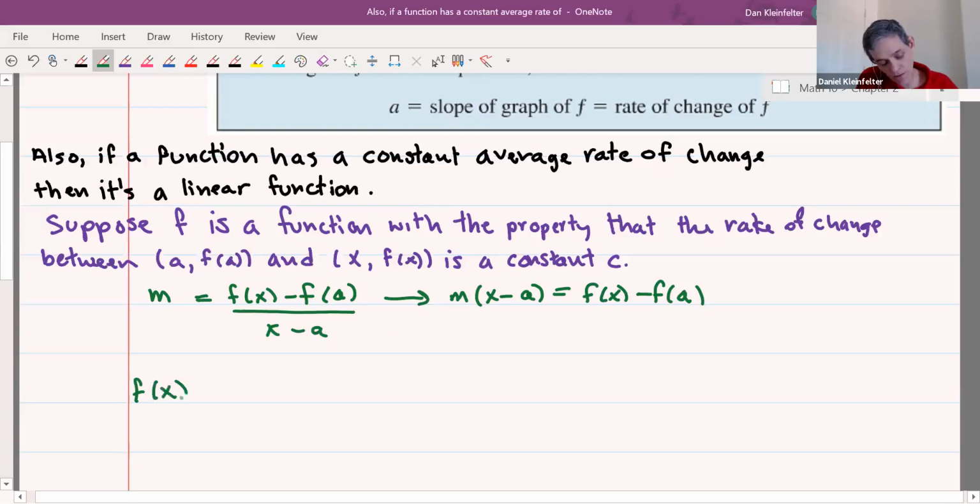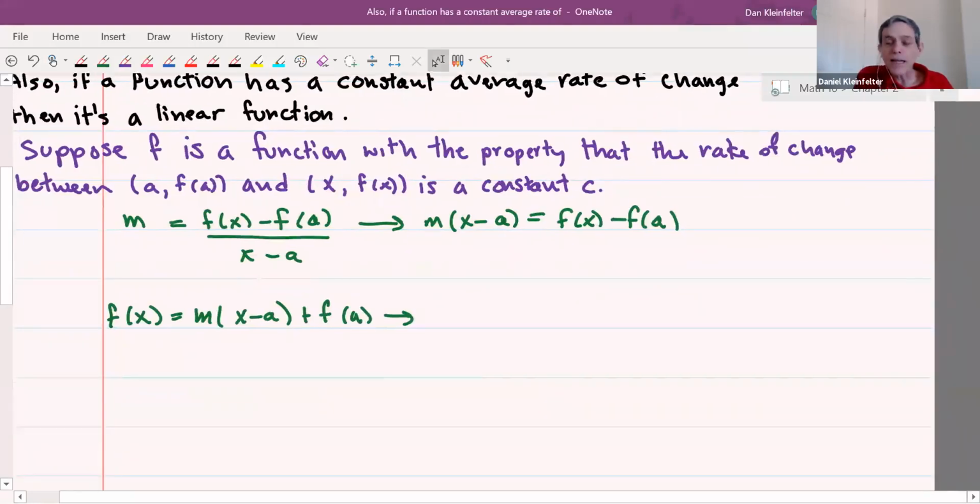And also I'm going to flip the equality around so that the f of x will be on the left. Okay, so we've got that. And then we have only one more step essentially, and that is just to distribute to remove the parentheses. So f of x is going to be mx minus ma plus f of a.